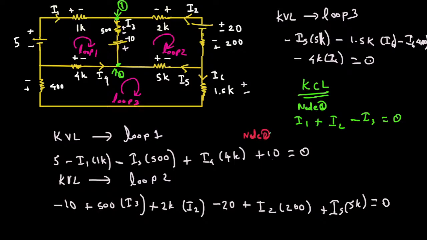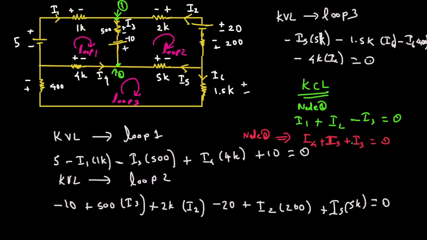For node 2, I4 is entering, I5 is entering, and then I3 is also entering. So we can say I4 plus I5 plus I3 is equal to 0.